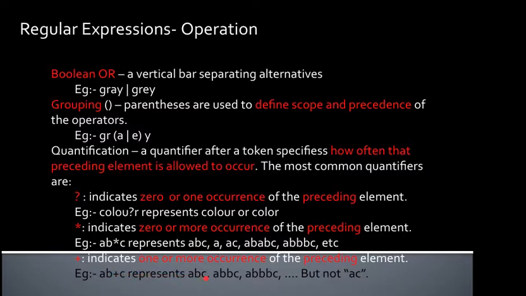Hence abc, abbc, abbbc. 1 or more occurrences of b. Whereas ac is not valid because b is not at all visible here.